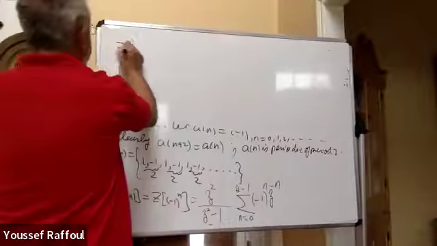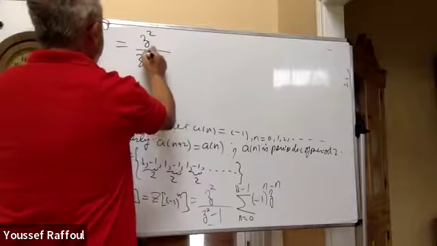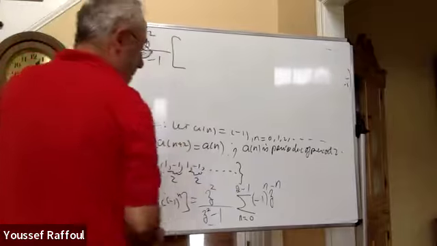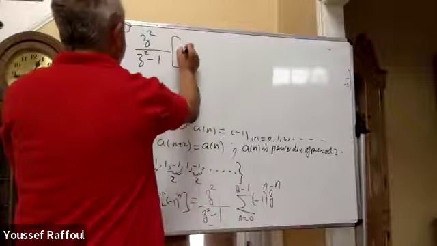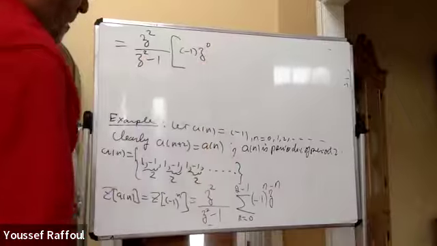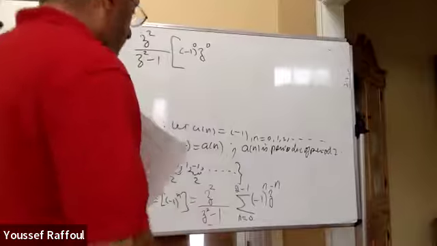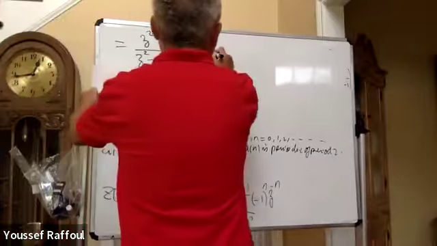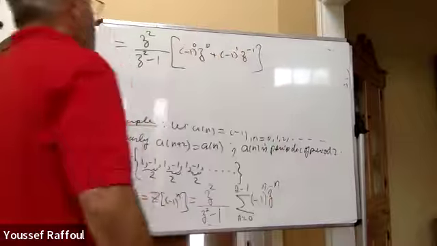All right, so this is equal to z squared over z squared minus 1 times the sum: for n equals 0 it will be -1 to power 0, plus, for n equal 1, -1 to power 1 times z to the minus 1. That's it.